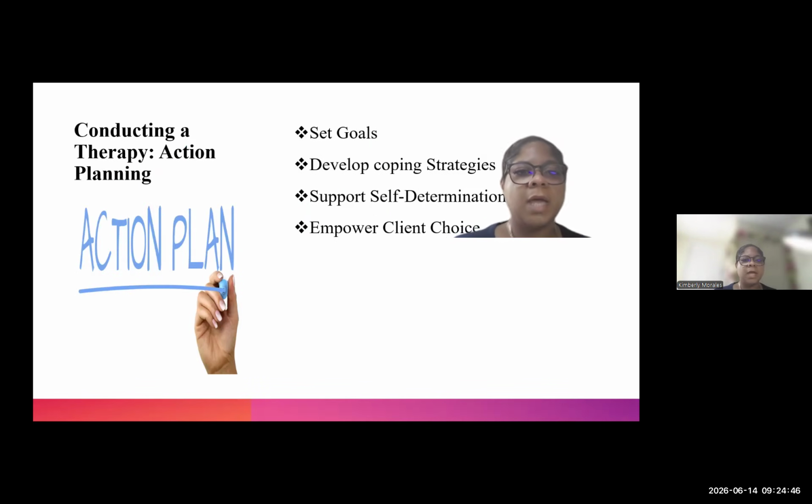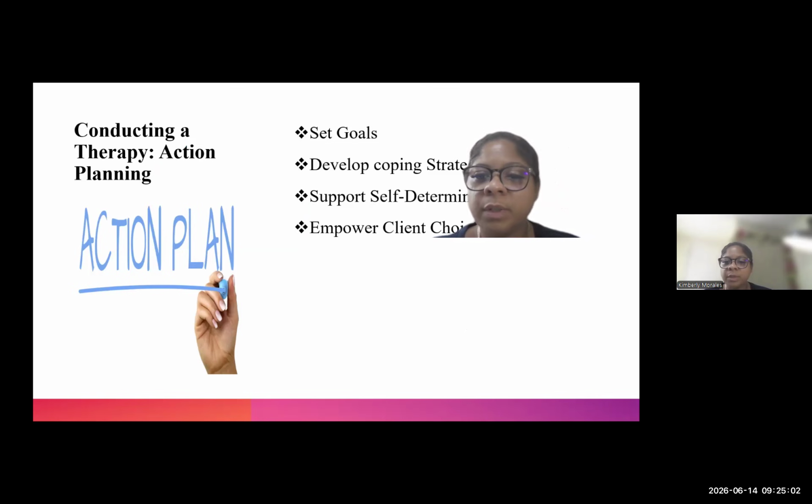The next stage is action planning. In conducting therapy, action planning includes setting goals, developing coping strategies, supporting self-determination, and empowering client choice. Action planning entails determining coping mechanisms and establishing actionable objectives.